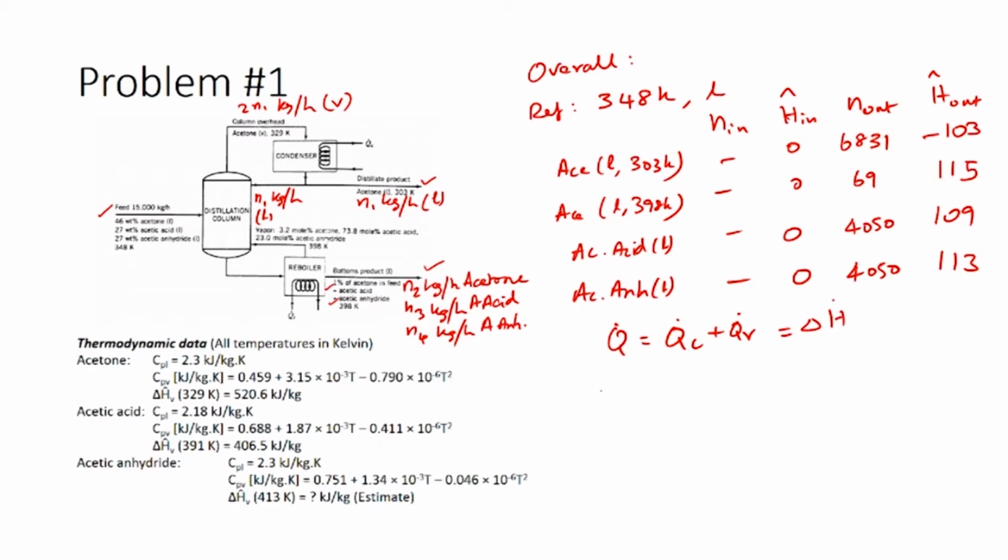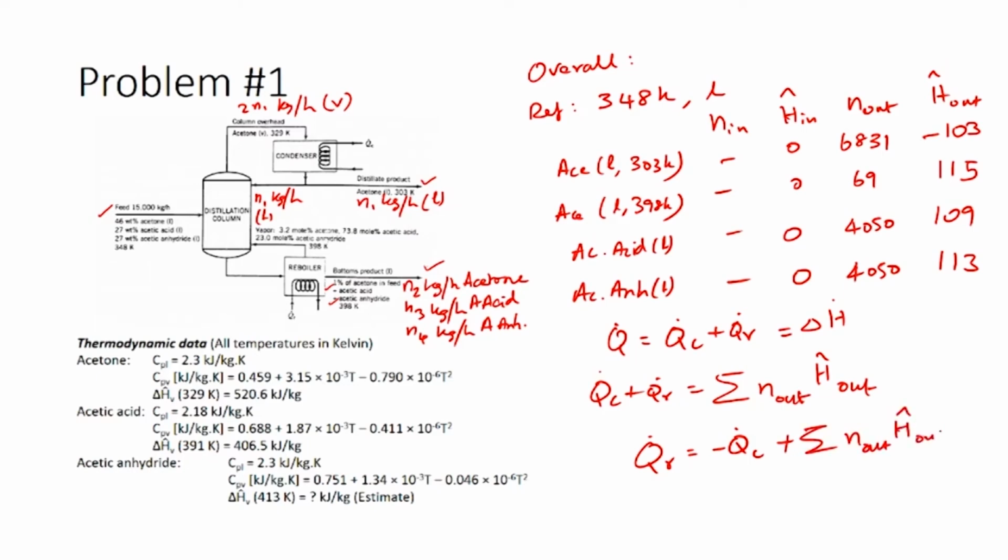So, now we can have Q_C dot plus Q_R dot equals sigma of N out H cap out. As all the values for H in are 0, we can ignore the inlet stream. So, we would get Q_R dot as minus Q_C dot plus sigma of N out H cap out.